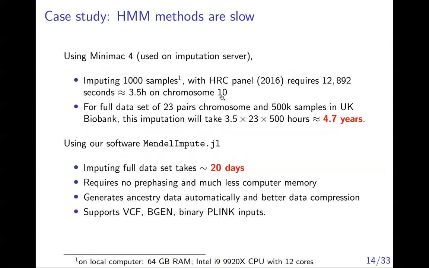So if you want to impute every chromosome on every sample in the UK Biobank, this would probably take you about 4 years, a rough estimate. If you have to do pre-phasing, then you double this. And if you want to run with the latest panel, the TOPMed panel, then you multiply that by 30. So it really is a very slow process.